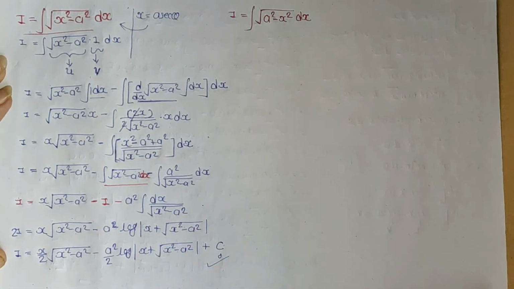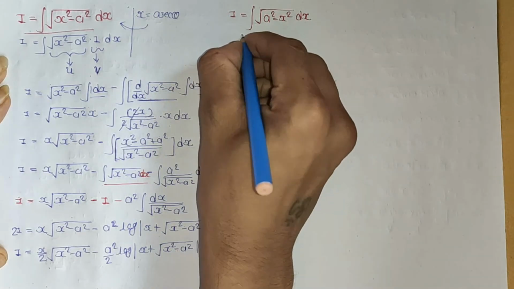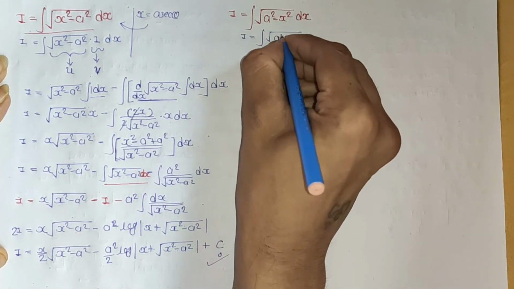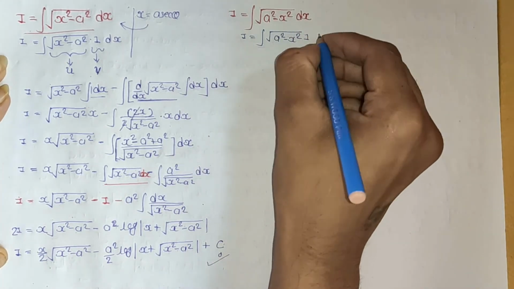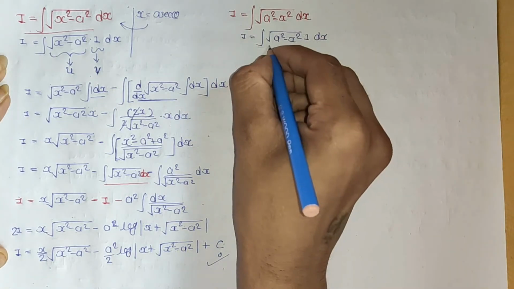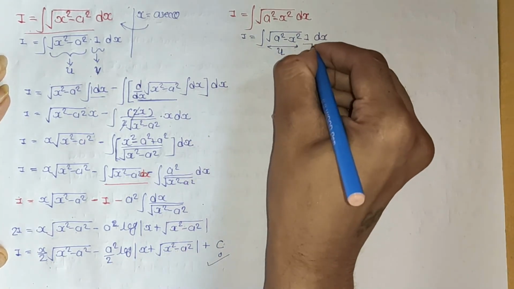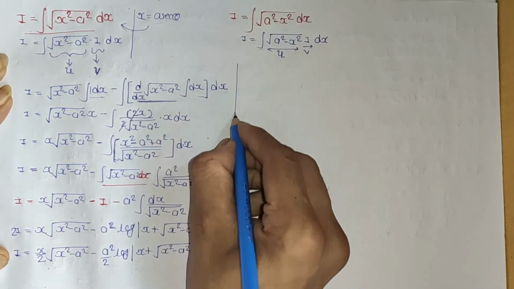Now let's see this. I equals integration of square root of a square minus x square, here put 1 dx. Now this term will be u and 1 is v. Solve integration by parts.